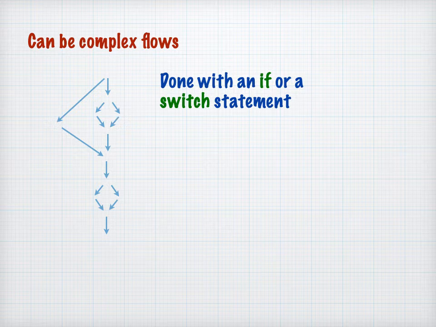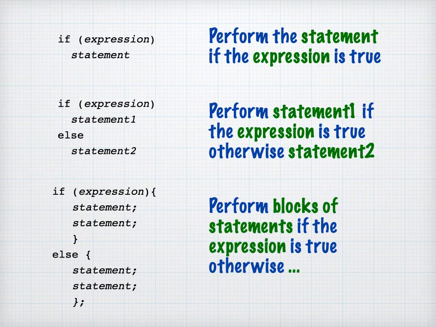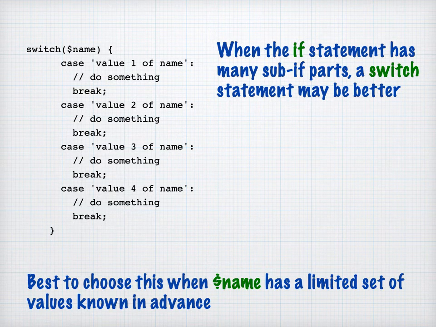And of course you can make those flows very complex, and we talked about if statements and switch statements before. So that encapsulates the notion that we have a flow, we have a choice, and various different things will occur depending upon the condition, the choice that occurs at that point.